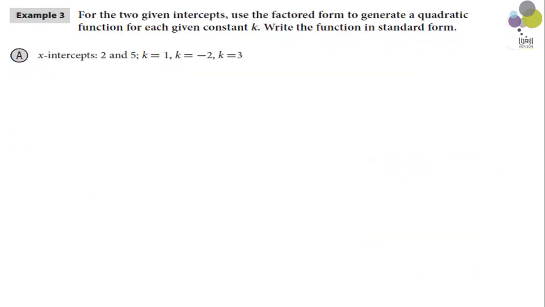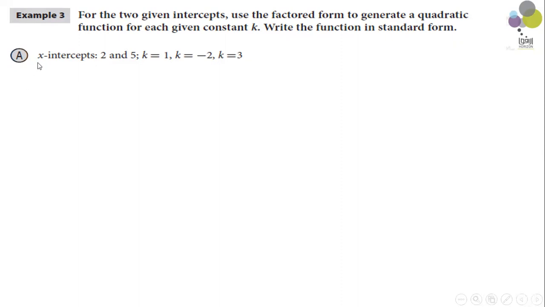Next part. Look at the first one. We have an example. It asks you for the two given intercepts. Use the factored form to generate a quadratic function for each given constant k. I will give you the value of k and write the function in standard form. Look at this one.